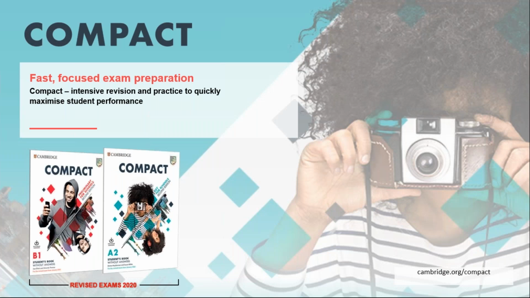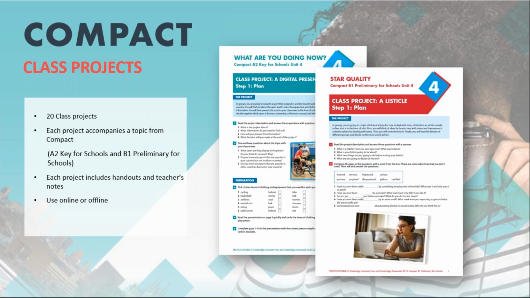And then we also have Compact. Again, you saw some examples from this. It's a course which provides fast, focused exam preparation. Each level contains 50 to 60 hours of work, and it's designed to teach exam skills and maximize performance in students who are already at the right language level.